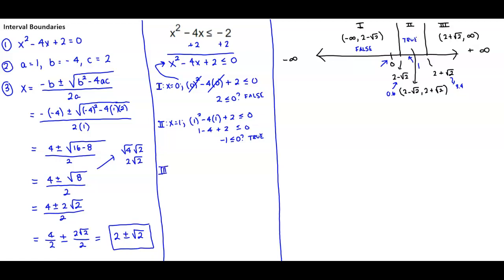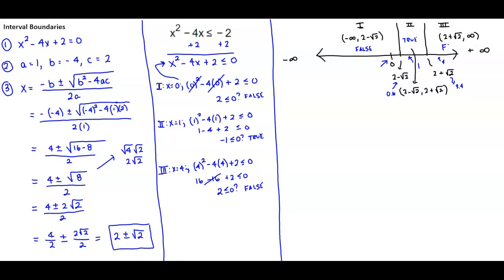And then for interval 3, we can pick 4, since 4 is on the outside of that. So when x is equal to 4, we have 4 squared minus 4 times 4 plus 2. So that's 16 minus 16 plus 2, which is less than or equal to 0. And is 2 less than or equal to 0? Well, that is false.